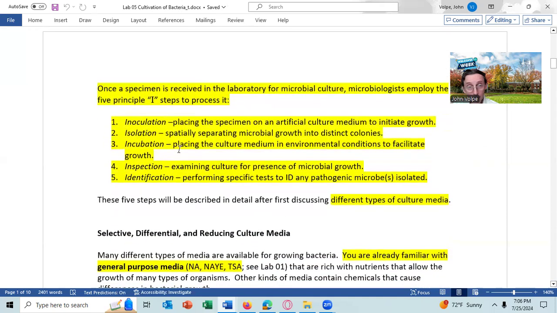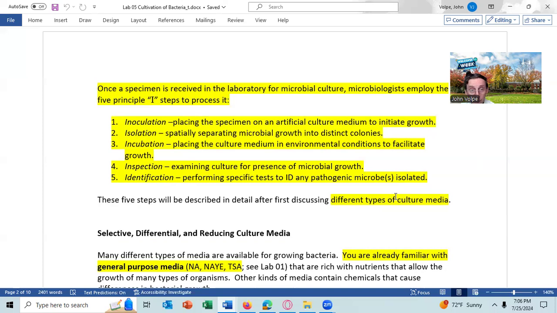The five are inoculation, isolation, incubation, inspection, and identification. Inoculation is the placing of the specimen on an artificial culture medium to initiate its growth. Isolation is the spatially separating out microbial growth into distinct and pure colonies. Incubation is the placing of the culture medium in an environment under conditions to facilitate its growth.